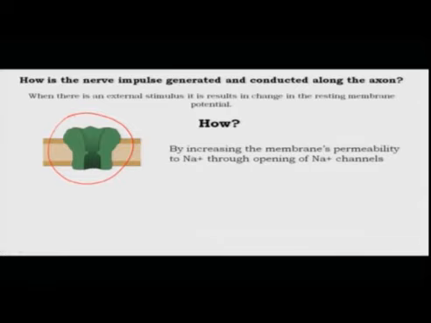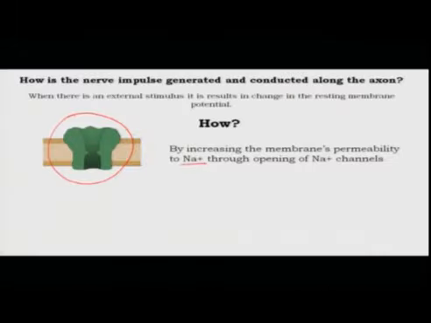Suddenly the stimulus changes the permeability of the membrane to certain ions, usually positively charged sodium ions. So, sodium ion channels will open up. Remember, there were not so many sodium ion channels open in the resting state, but now new sodium ion channels will open up and a flood of sodium ions can therefore come in.